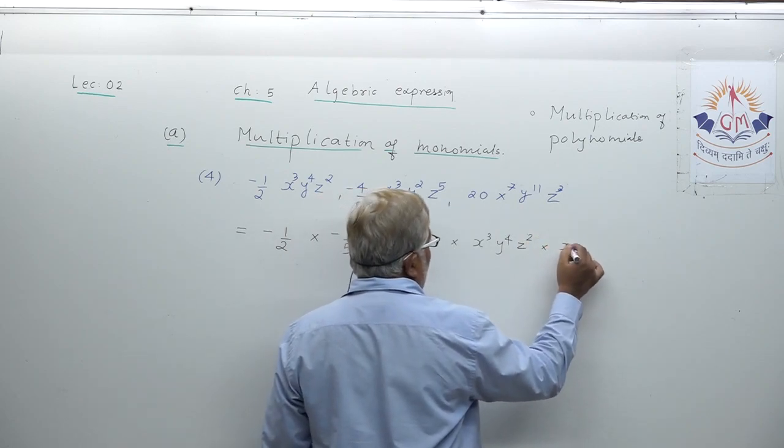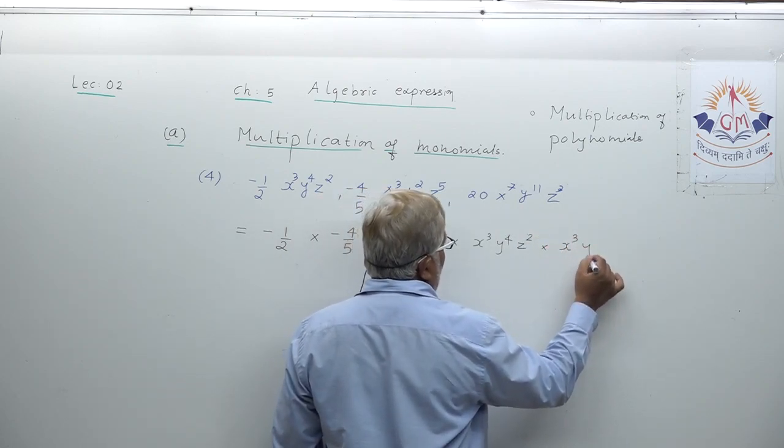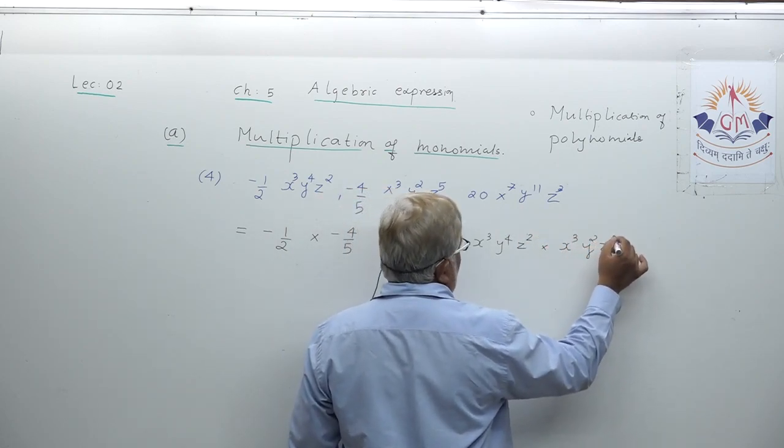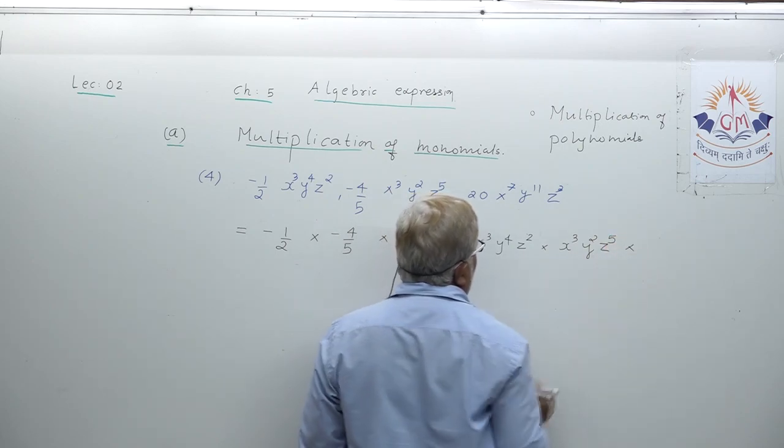Next variables x cubed y squared z raised to 5.